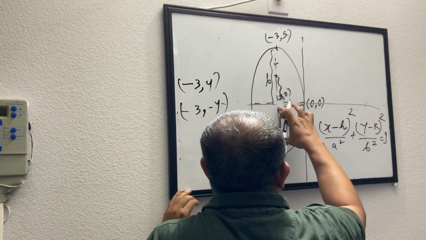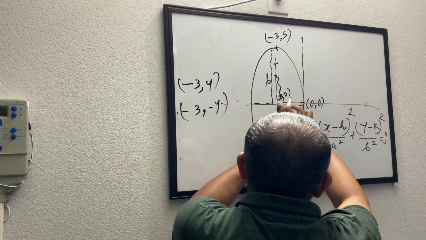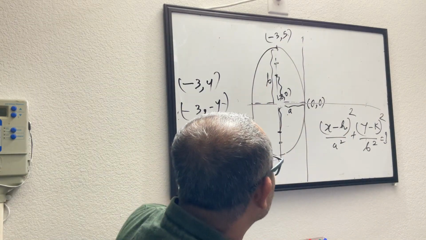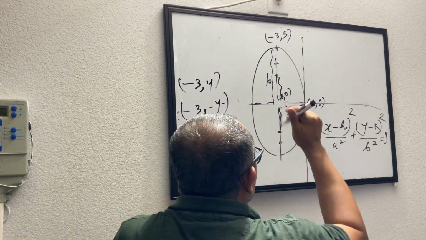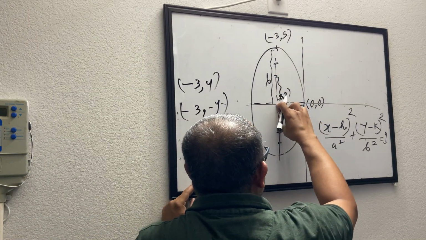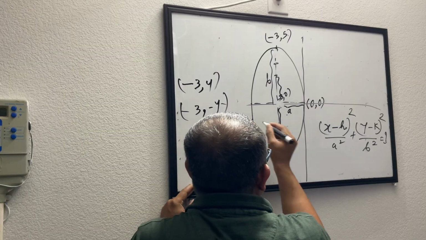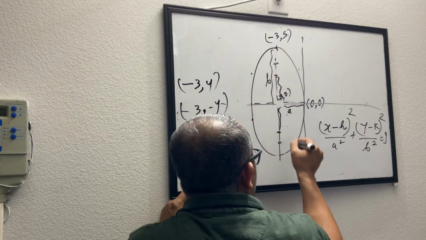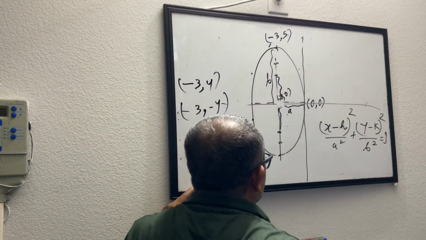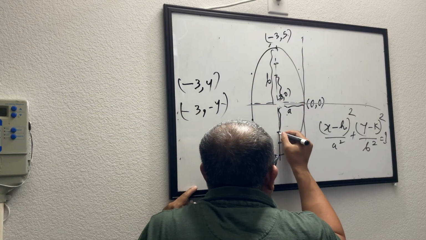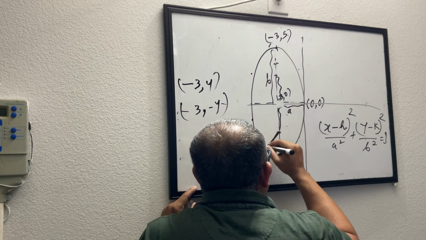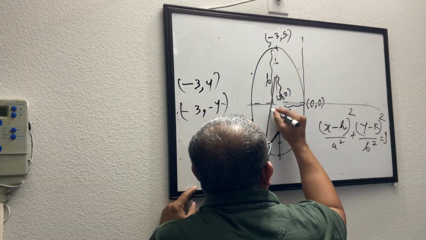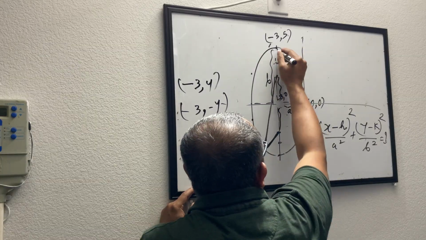So if this distance and this distance are the same, then obviously this distance and this distance will be the same. Correct? And foci says, there are two things about foci. One is they are the same distance from the origin, and any point you pick up along the perimeter of the ellipse, be it this point, this point, any point, from the foci to that point, this distance, one focus, second focus, or focal point, whatever you call it, okay?